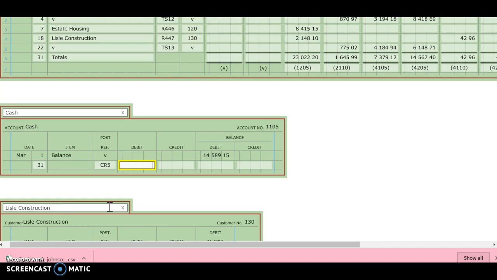CR5. I'm debiting that account for 154 and 27 cents.